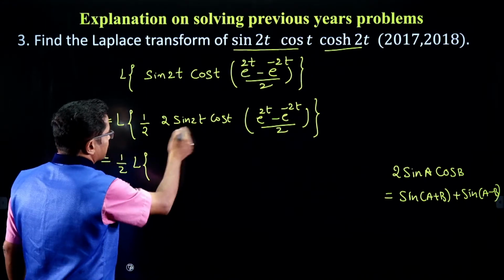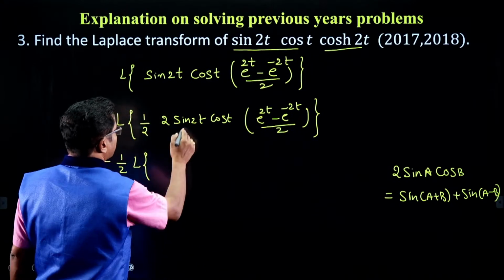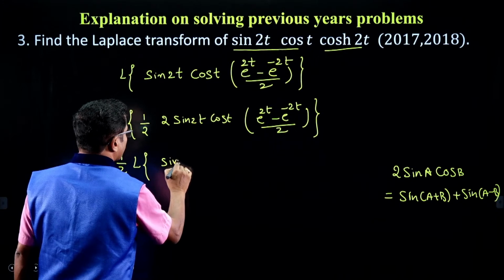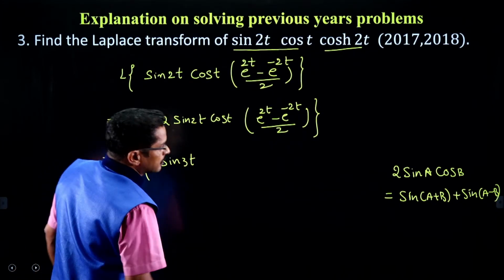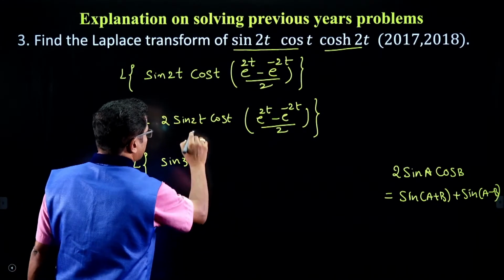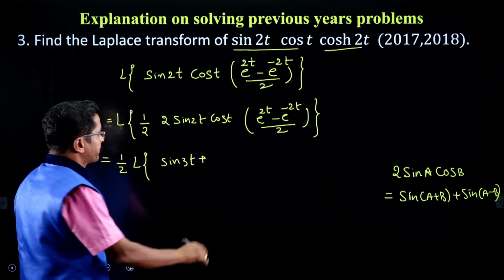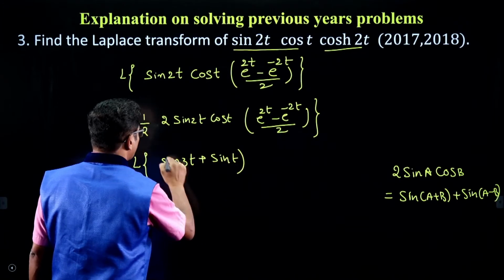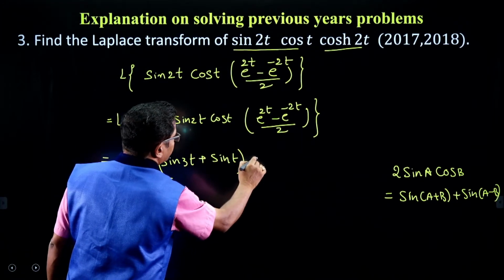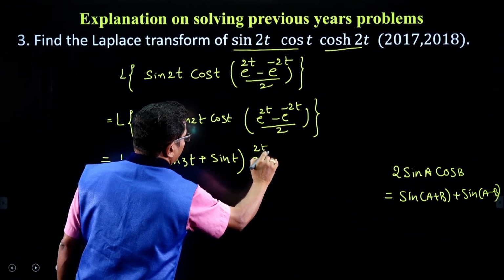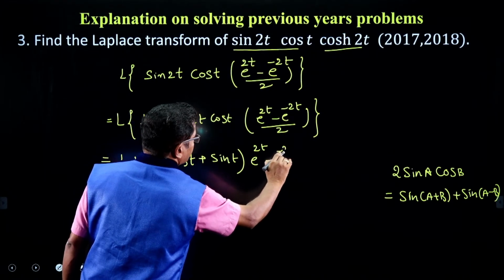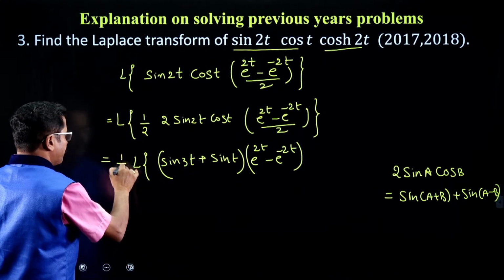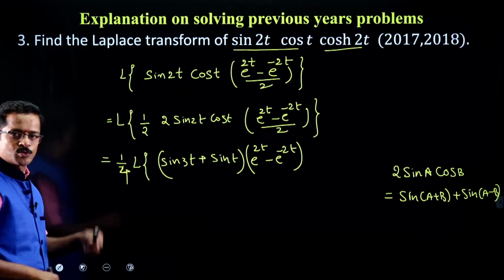So I am writing this as sin of A plus B, sin 2t plus t is sin 3t, plus sin 2t minus t is sin t, into e power 2t plus e power minus 2t by 2. That 2 also brought outside becomes 1 by 4.